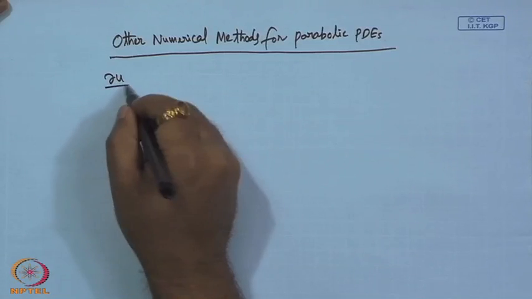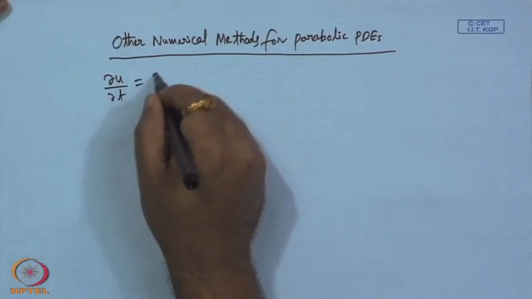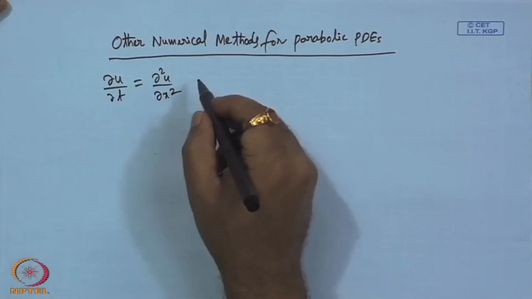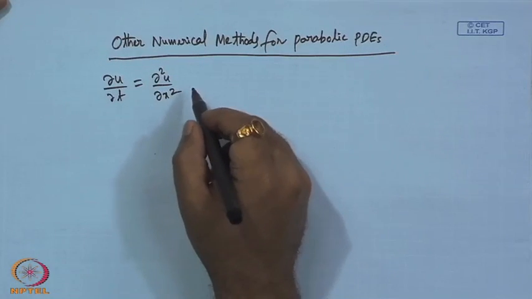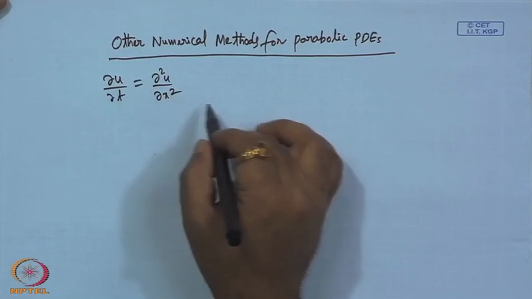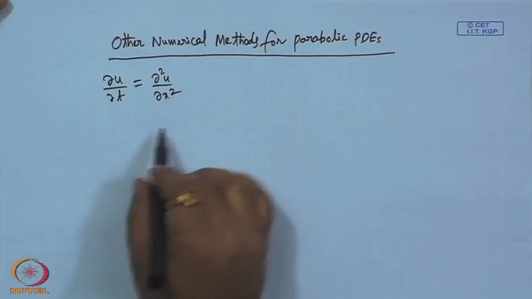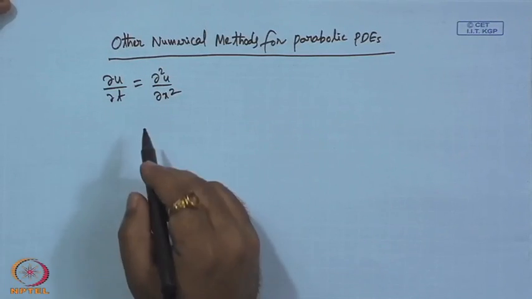So, still we are considering the heat conduction equation. So, when I said this, it is understood that within a specific domain the corresponding initial and boundary conditions are given.